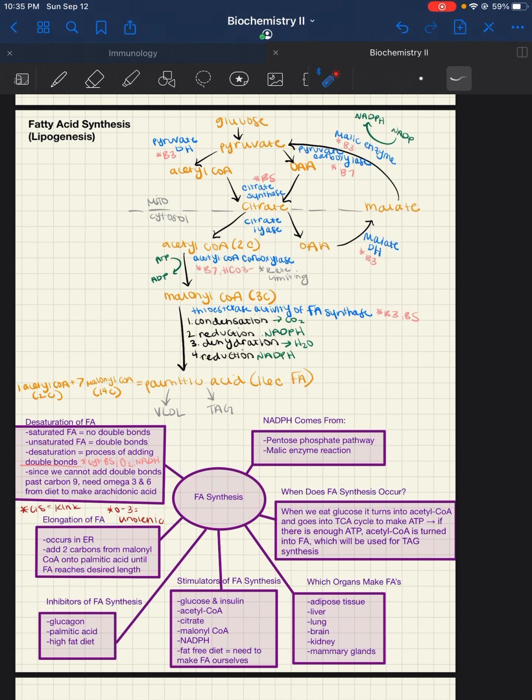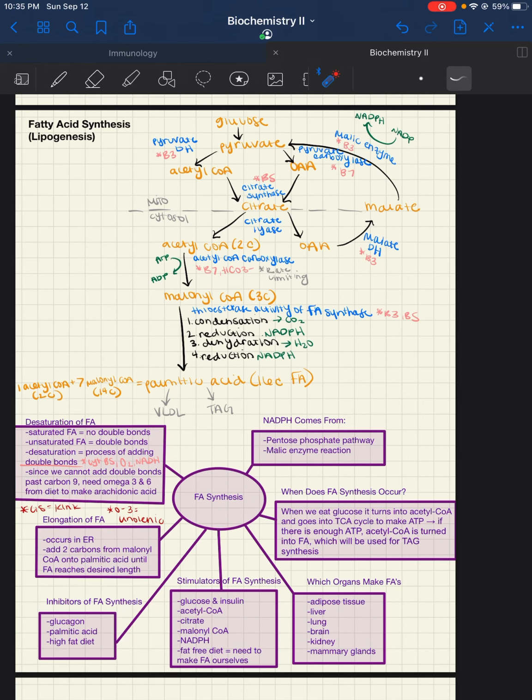Whatever you're producing, typically, if it's high, it's going to inhibit this pathway because this pathway is designed to make palmitic acid. If we have it, we don't need to be doing this pathway. And then a high-fat diet will inhibit this pathway because if we are eating fat, we don't need to make it. We're just getting it from our diet.